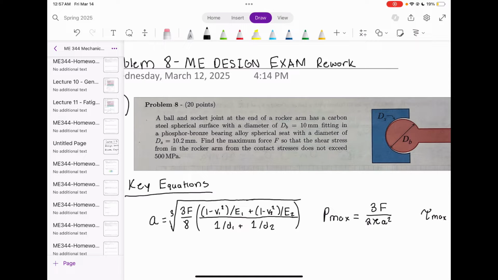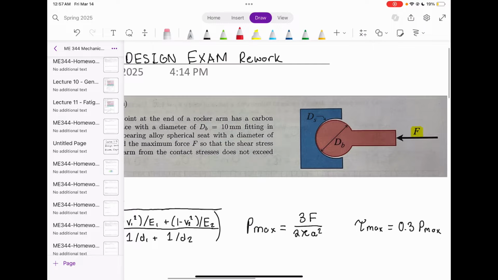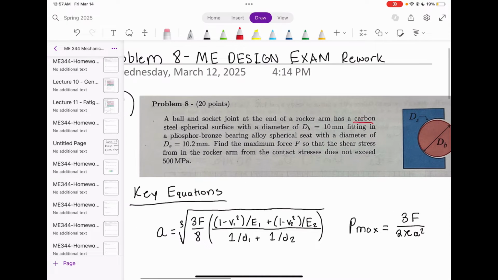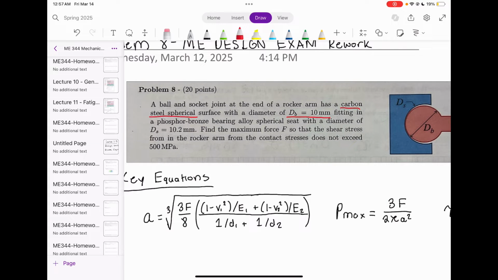First, I'll go back and highlight some of the key points in the problem statement. The first point is that the spherical ball, the ball inside the red ball right here, is a carbon steel spherical surface with a diameter of 10 millimeters, and it's fitting inside the socket, which is a phosphorus bronze bearing with a diameter of 10.2 millimeters.